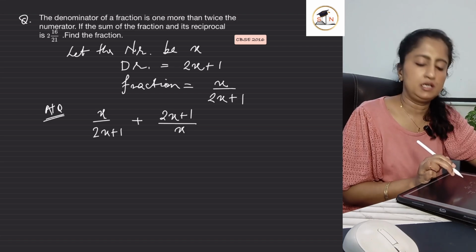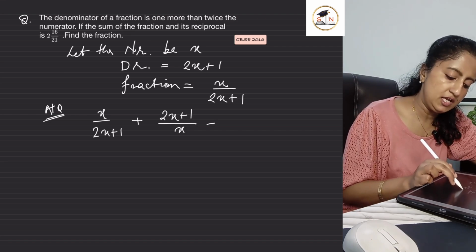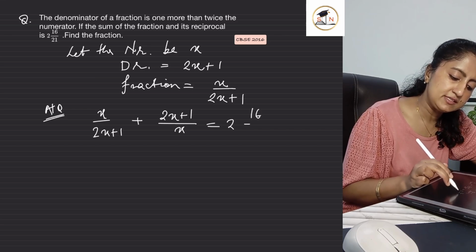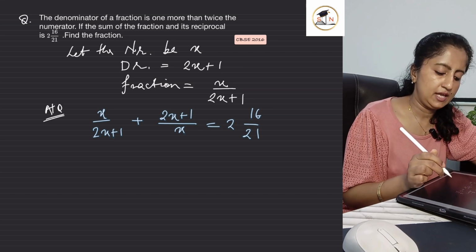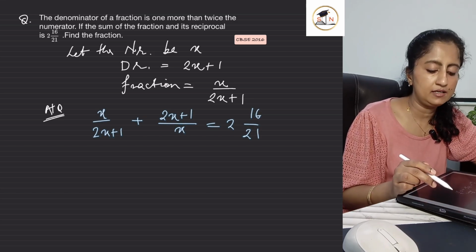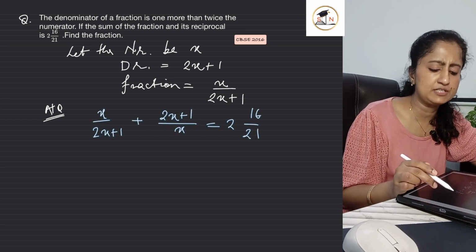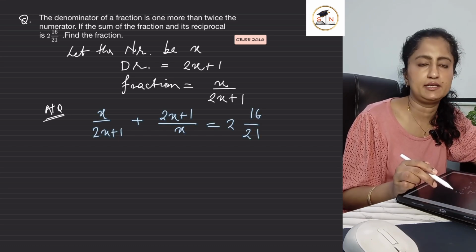I flipped, denominator went up, numerator came down, that is the reciprocal, equals 2 times 16 by 21, a mixed fraction over here, right? Now, in the next step, I'm going to take the LCM on the left and convert the mixed fraction into improper fraction. Things will be simultaneous, right?